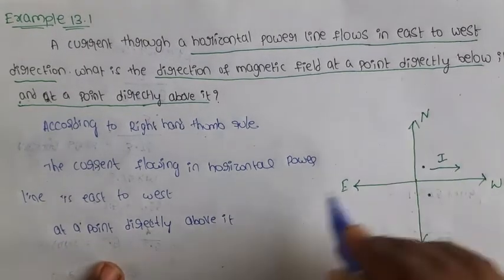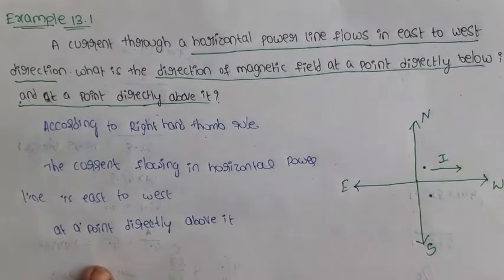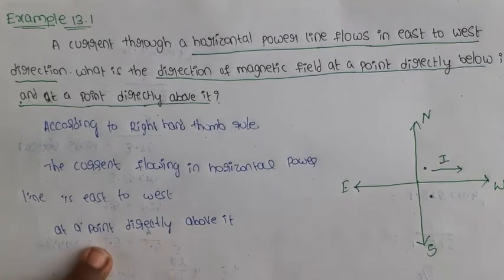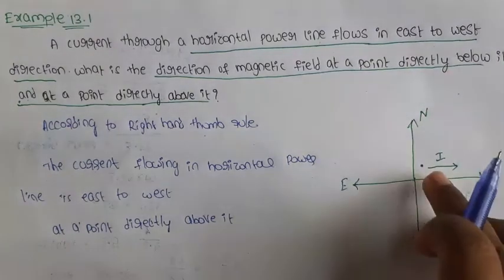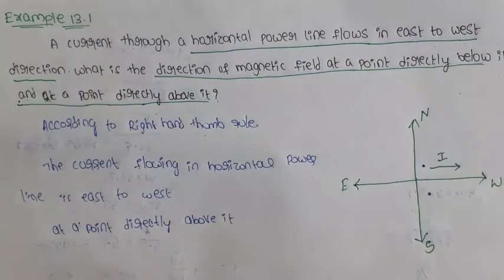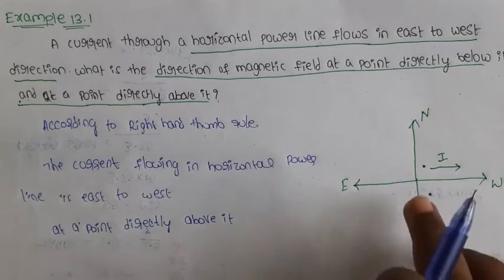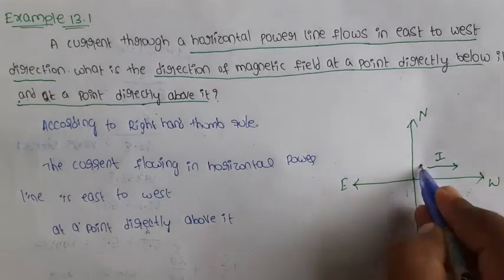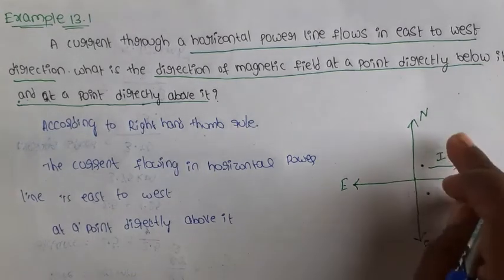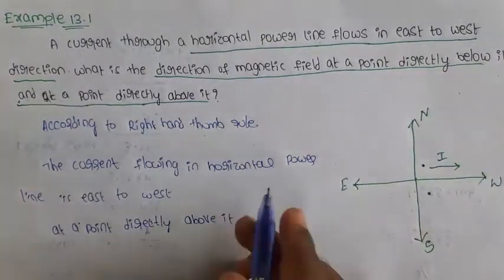So this is the point. In this situation, what is the magnetic field direction? North to south direction. This is a point above the horizontal power line. So according to this point, the magnetic field direction is north to south direction.